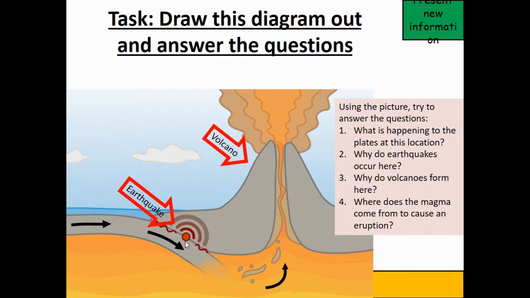Exactly the same. And that zone there is called the Benioff zone. You do not need to know that. That's just a little nugget of information if any of you fancy taking A-level geology when you are done. So what happens is this friction builds up, and then where that friction is released, boom, you have an earthquake.